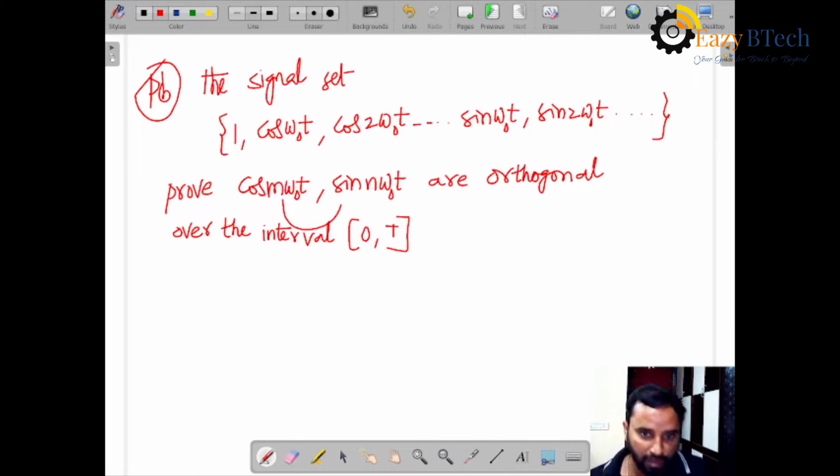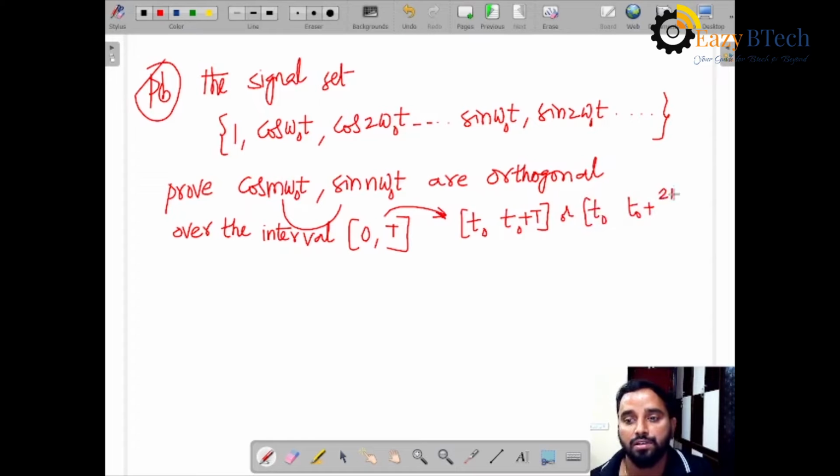So here the interval can be mentioned in the problem: sometimes 0 to T, or t naught plus capital T, or t naught plus 2 pi by omega naught.